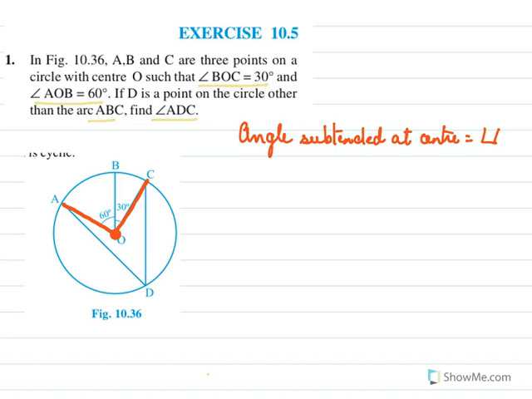Which is angle AOC. Now to denote the angle at the circle, here's the point on the circle, and now I darken this.